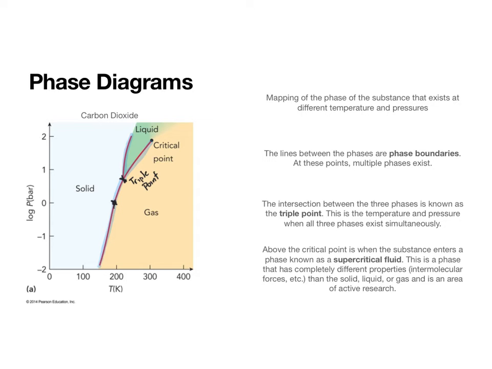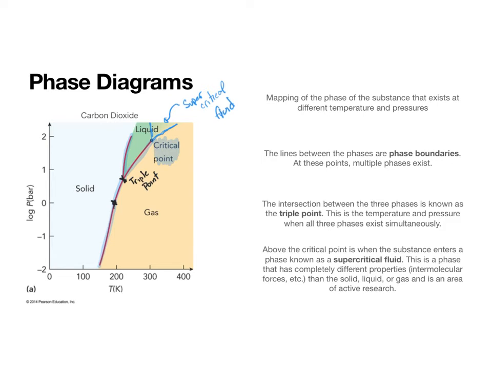Now, in this phase diagram, there is what is known as a critical point. When we pass the critical point, in both temperature and pressure, we enter into a region known as the supercritical fluid. The supercritical fluid is another state of matter. Just like solids are very different from liquids, which are very different from gases, supercritical fluids are different from solids, liquids, and gases.